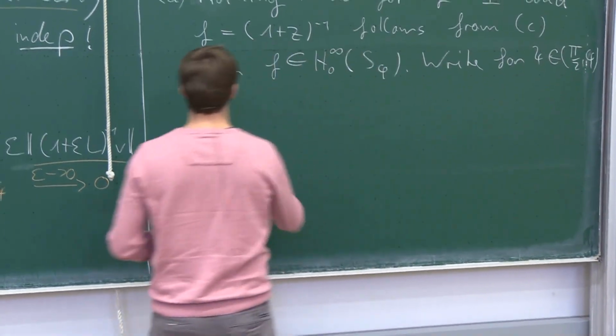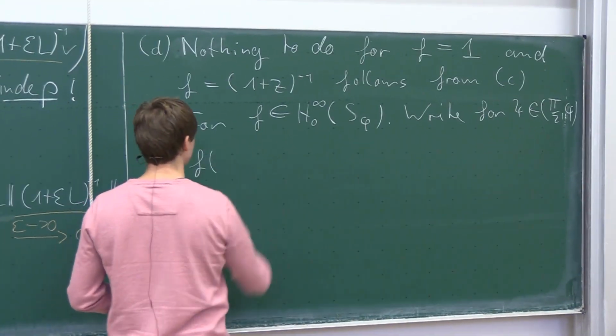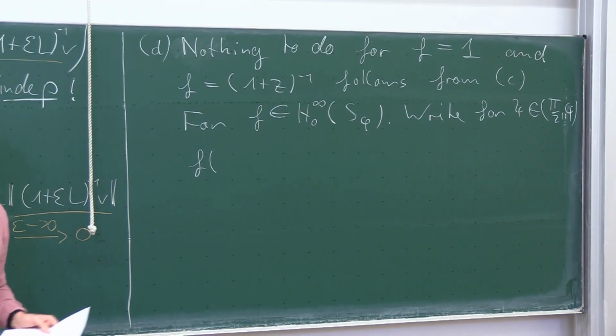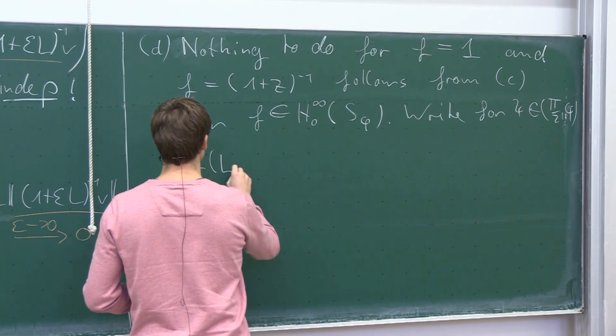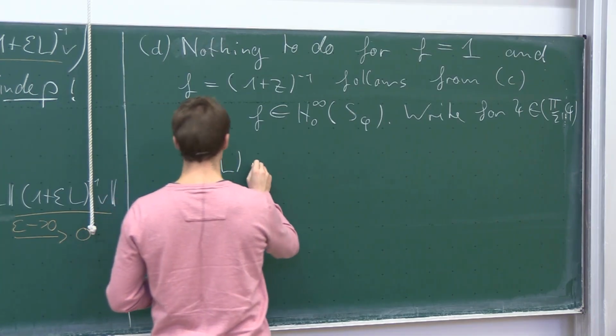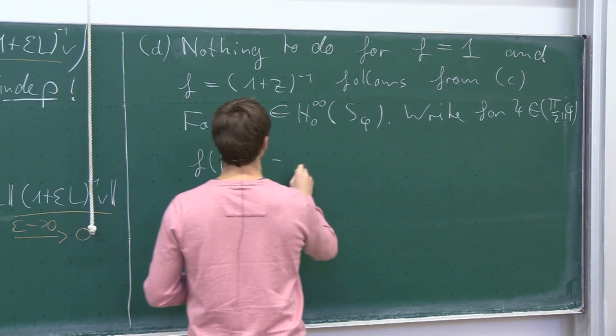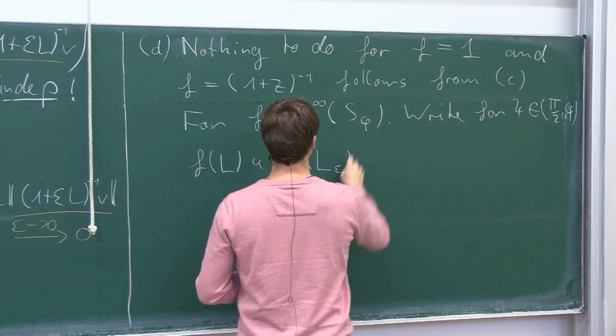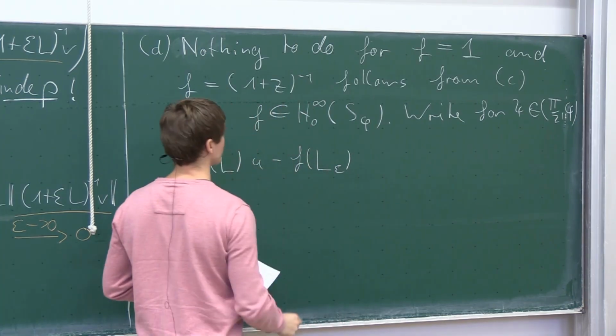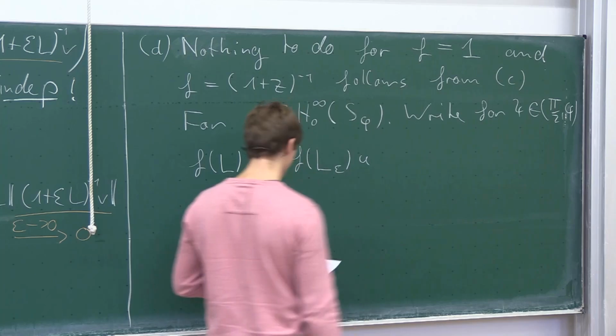And then we just use the definition of the functional calculus for H0 infinity functions. So we plug L into the function f, and we compare it to L epsilon plugged into the function f, and we apply it to U.